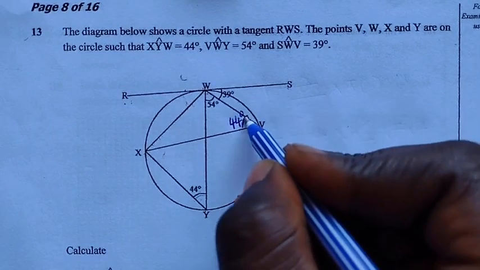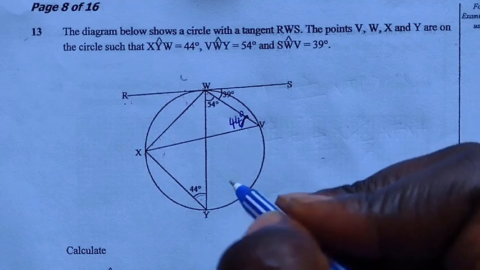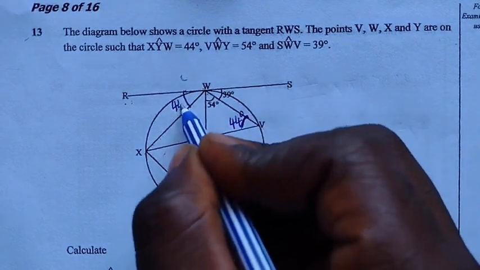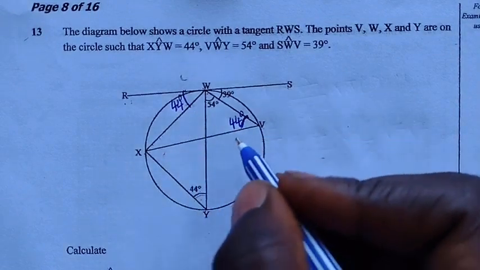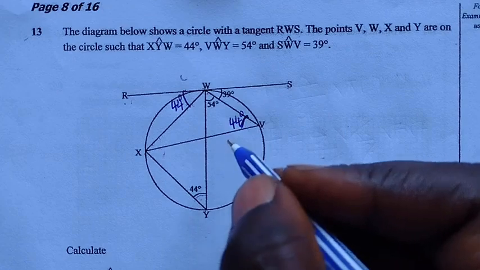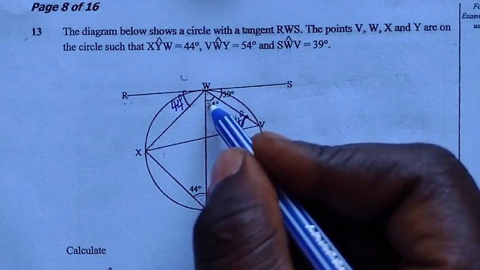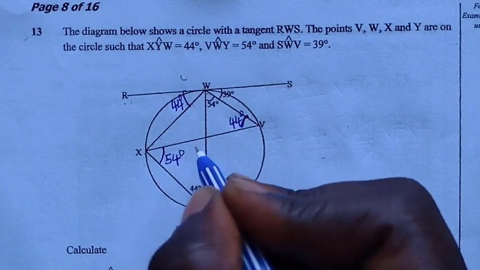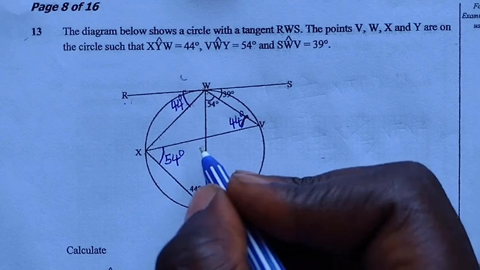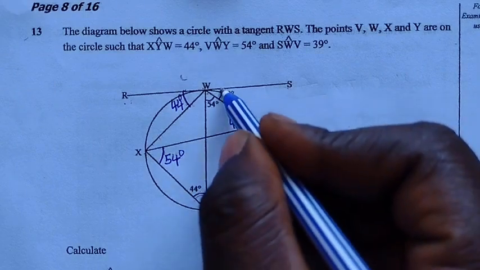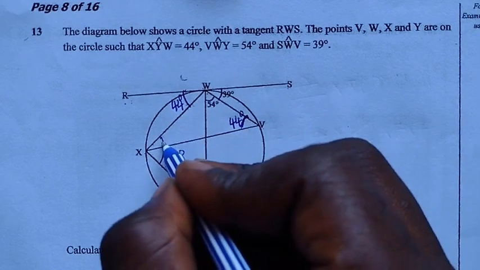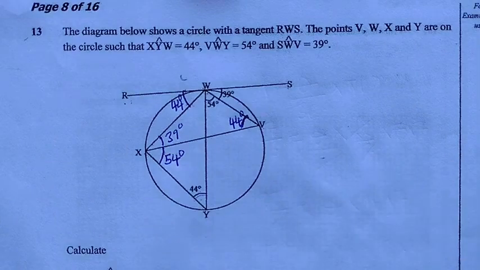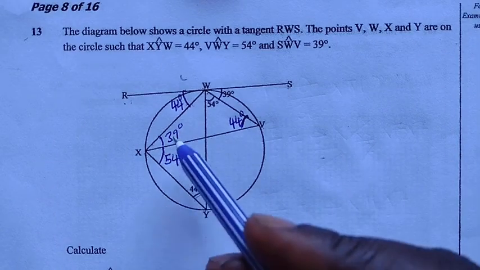If here you have 44 degrees, then the angle right here will also be 44 degrees, which is angles in the alternate segment. Then we come here, we have a 54. So even here we are also going to have 54 degrees, angles in the alternate segment. If you have a 39 here, even here we are going to have 39 degrees, angles in the alternate segment. So we have found these angles.